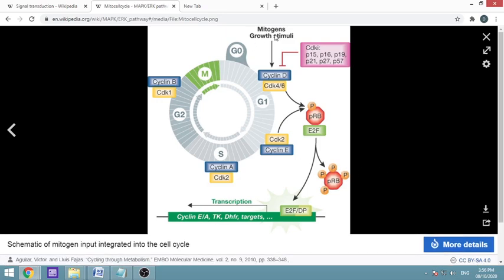These are the mitogen growth stimuli, and we can see these various checkpoints through which these cyclins act: cyclin D, cyclin E, cyclin A, cyclin B. These are the various cyclins, and on these cyclins, this is the cell cycle. So how these mitogens are acting onto it.